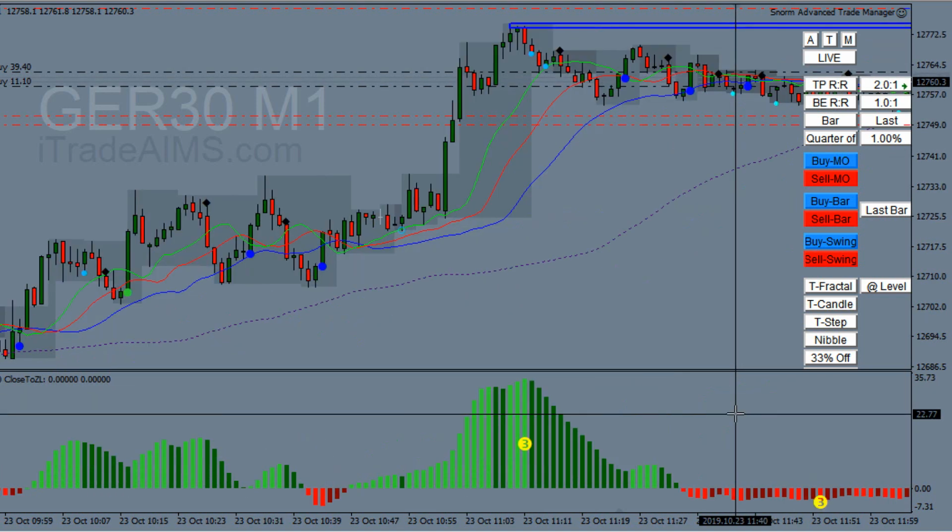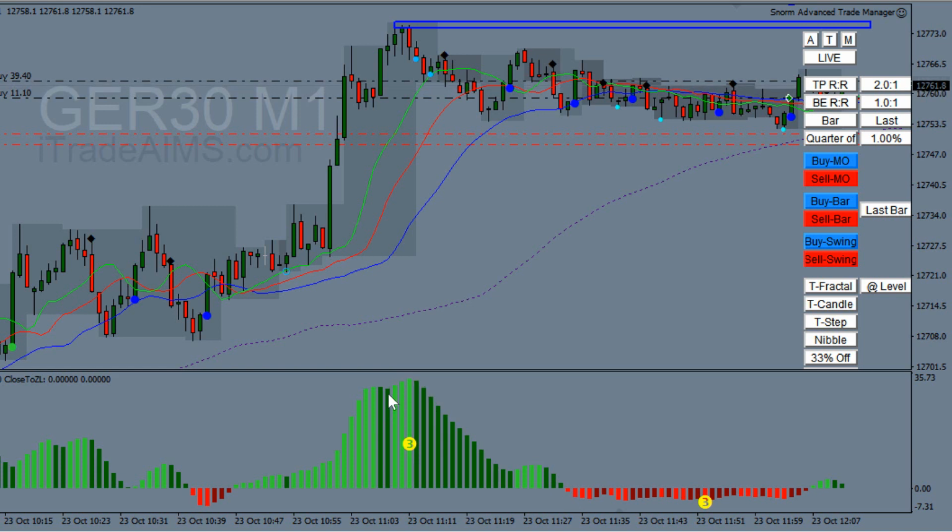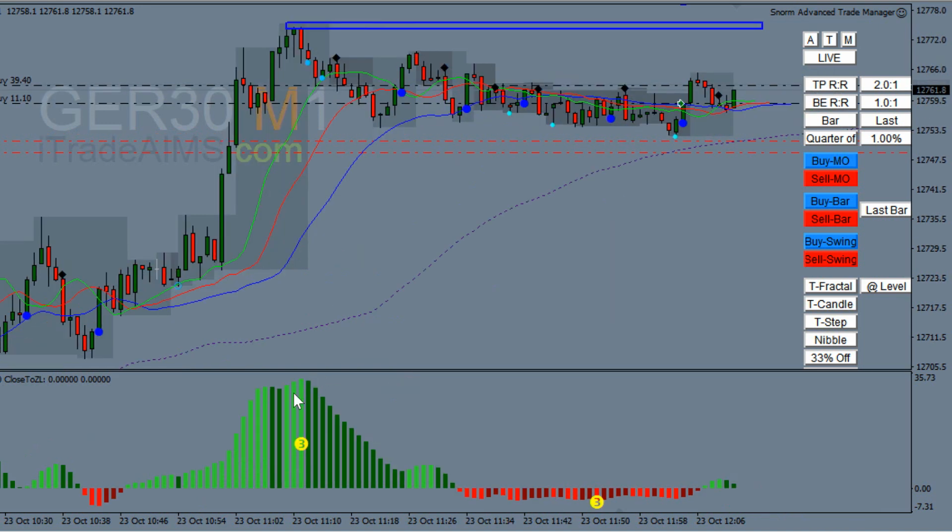That's why it was wave 3. And this one is wave 4, because it is the first cross of the zero line against the previous peak of wave 3.